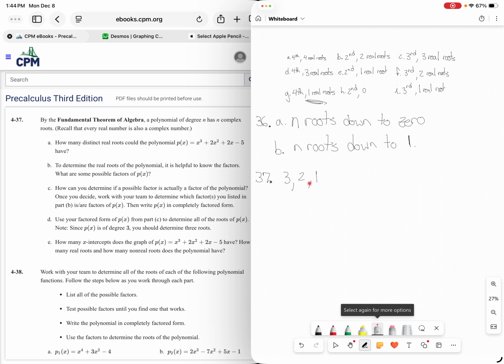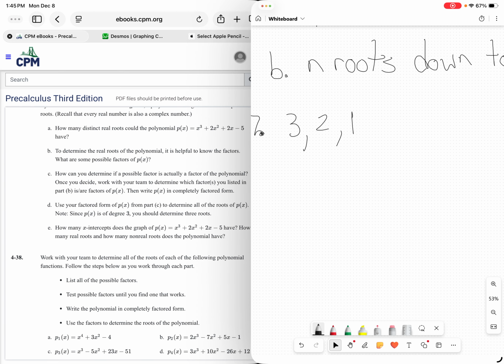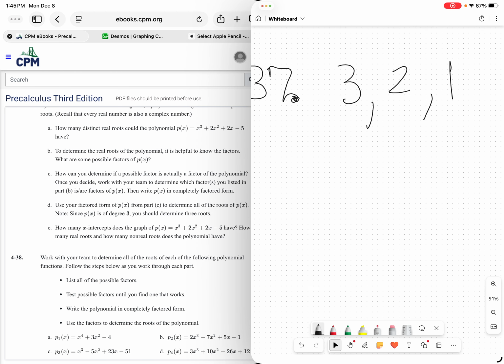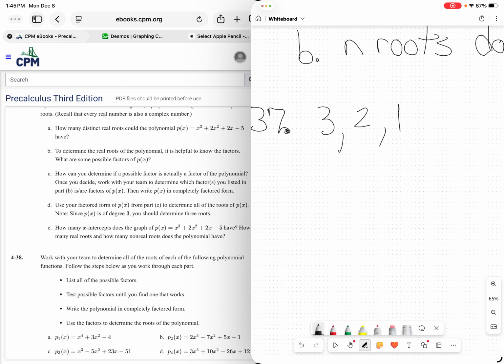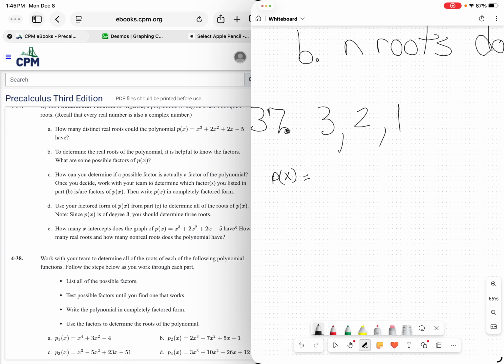Okay, so B, to determine the real roots of the polynomial, it is helpful to know the factors. What are some possible factors? Okay, so this idea of possible factors here is what's called the rational roots theorem. So we take the polynomial, x cubed plus 2x squared plus 2x minus 5.